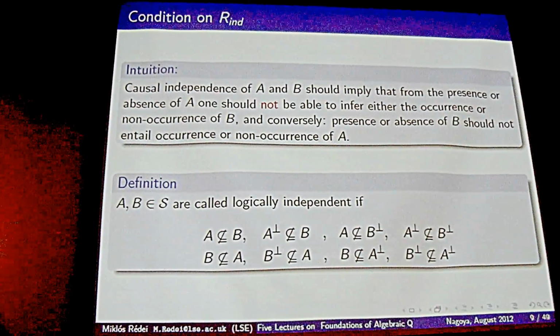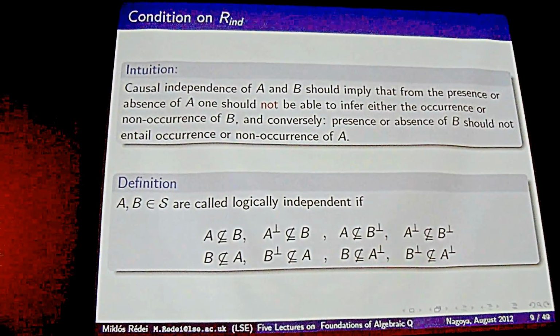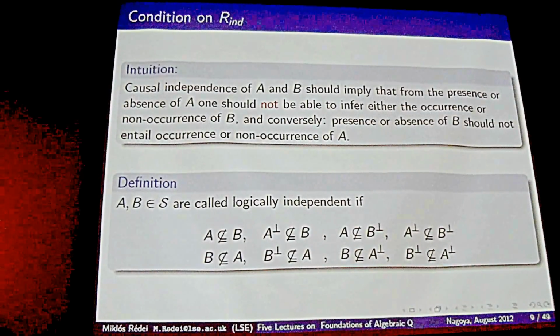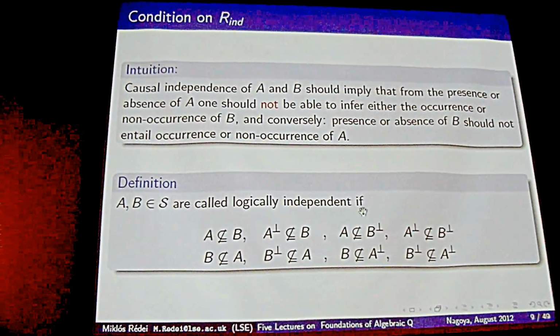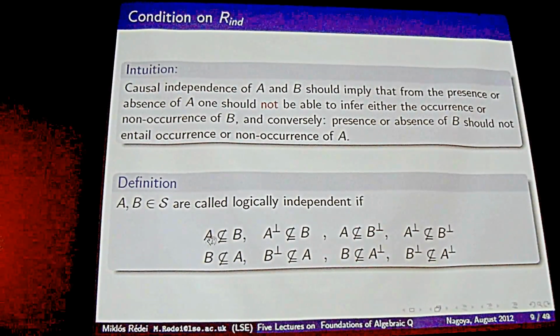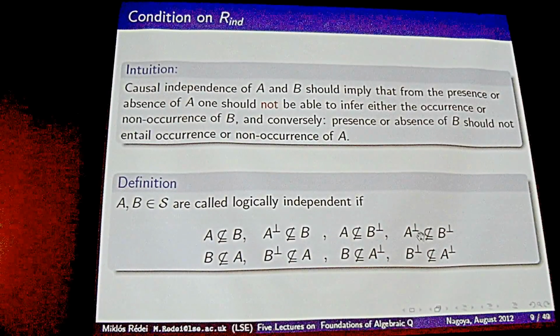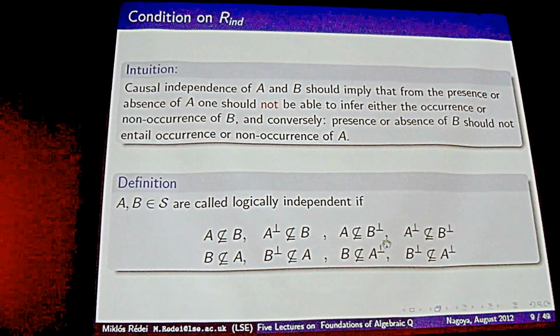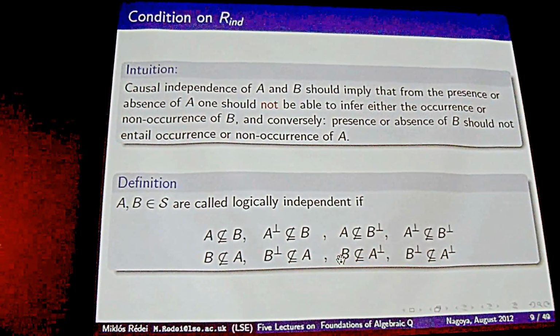Otherwise, you would not claim that the two events A and B are causally independent. Now, two events in a Boolean algebra are logically independent if these conditions hold. That's more or less the standard definition. A doesn't entail B, not A doesn't entail B, A doesn't entail not B, not A doesn't entail not B, and so on. All of these are independent.